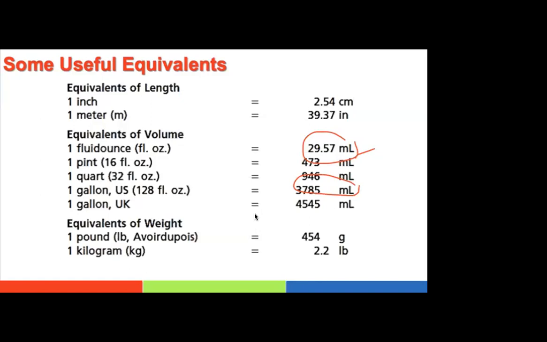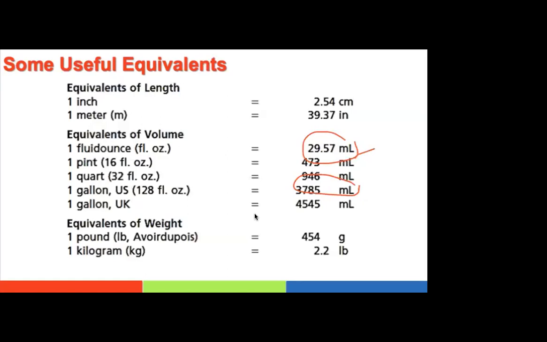For US, 3,785 ml. O eto pa, in terms of weight naman, pounds palagi tayo, kasi those sometimes are based on the weight of the patient expressed in pounds. So 1 kilogram is equal to 2.2 pounds. Or kung pound ka and gram, 1 pound is equal to 454 grams.